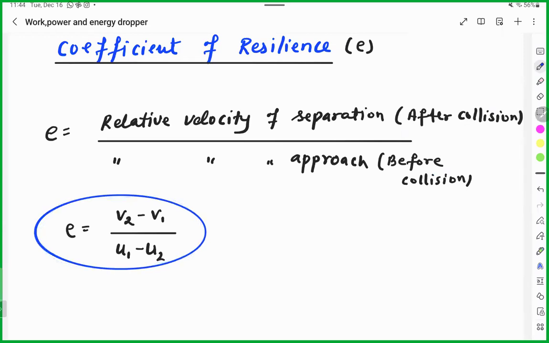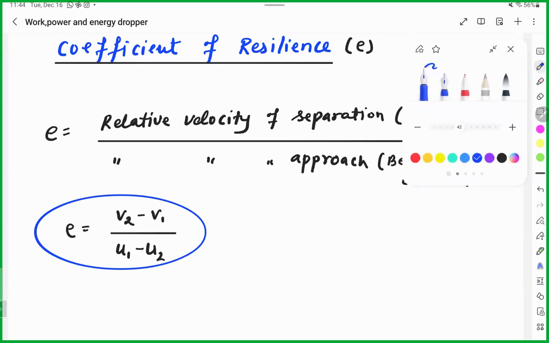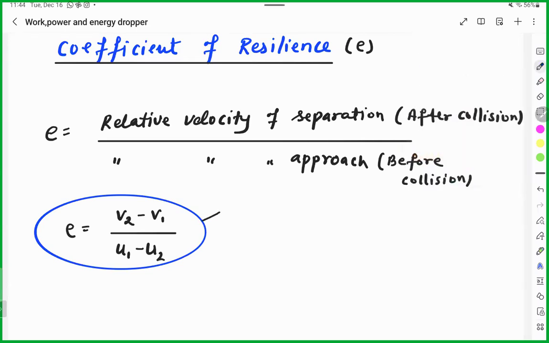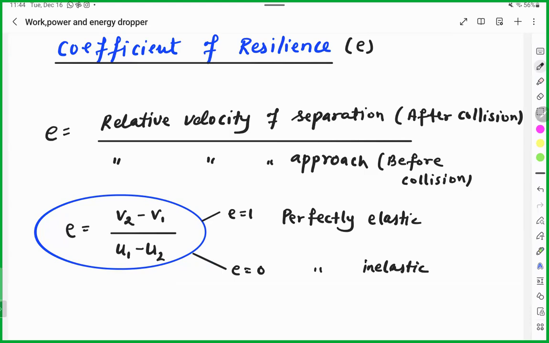So the coefficient of restitution value will tell us to what degree they will restitute. For example, if e value is 1, the collision is perfectly elastic. And if e value is 0, then it is a perfectly inelastic collision, because they will stick together.